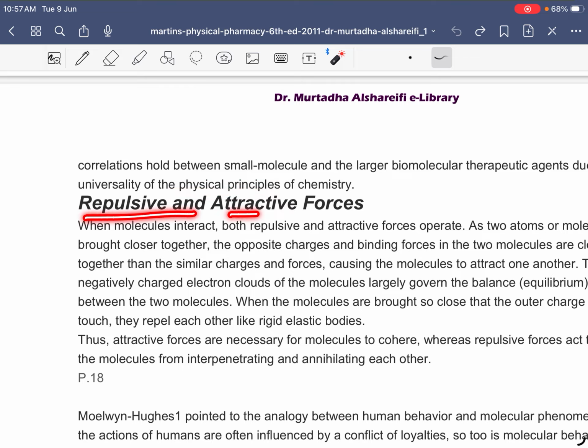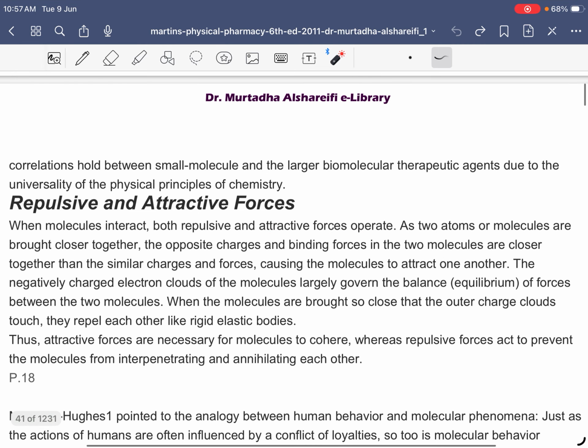Now, repulsive and attractive forces. When molecules interact, both repulsive and attractive forces operate. As two atoms or molecules are brought close together, the opposite charges and the binding forces in the two molecules are closer together than the similar charges and forces, causing the molecules to attract one another.